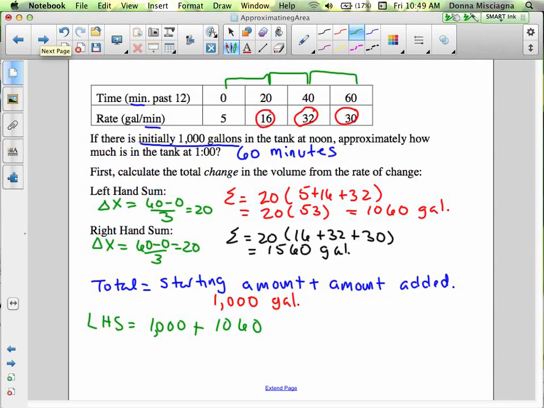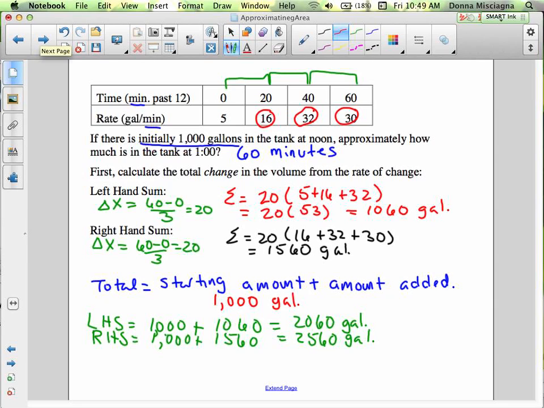So that means it is 2,060 gallons. The right-hand sum would be 1,000 plus 1,560, for 2,560 gallons. Let's interpret this, right?